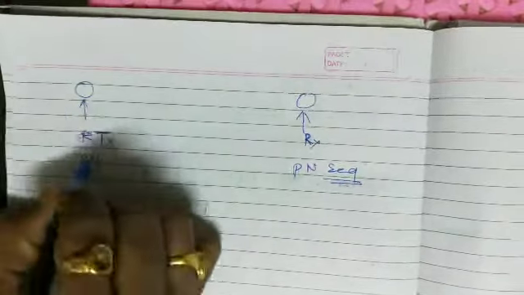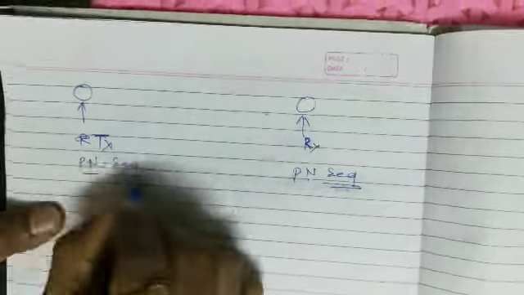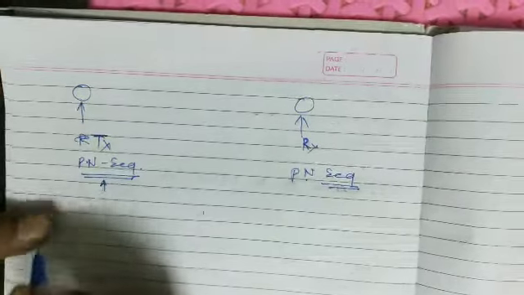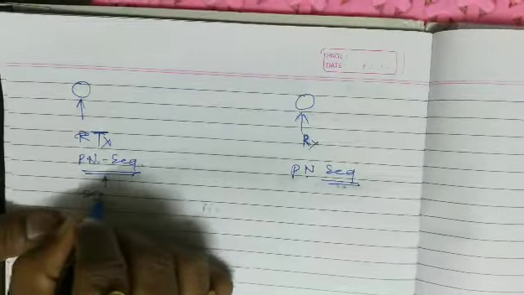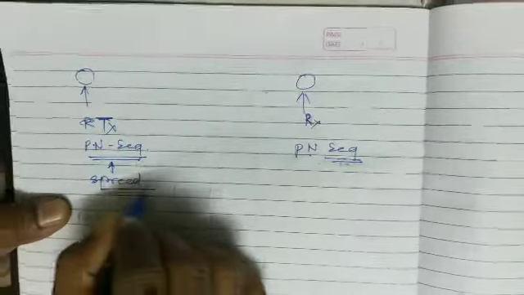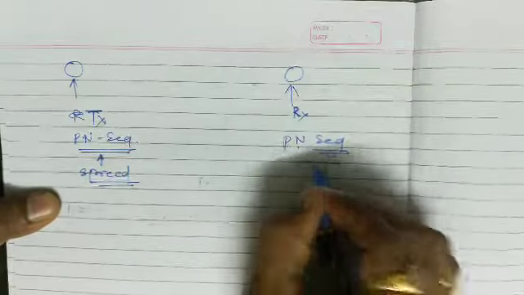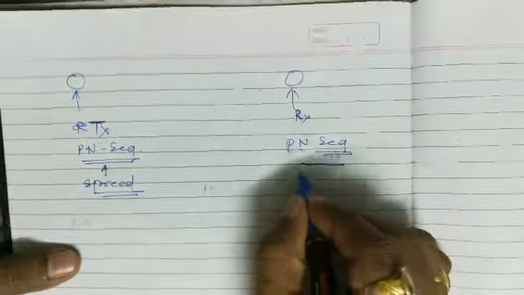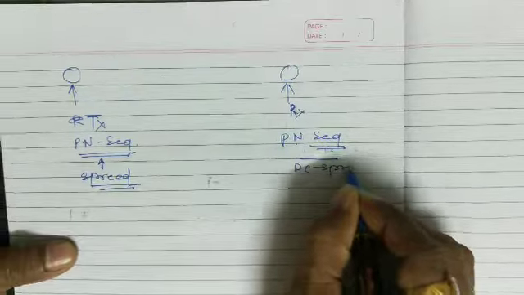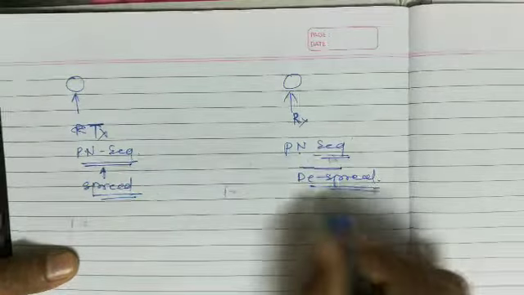The PN sequence employed here in order to spread the signal, the same PN sequence we have to use at the receiver side in order to de-spread the signal, that is, to recover the signal.